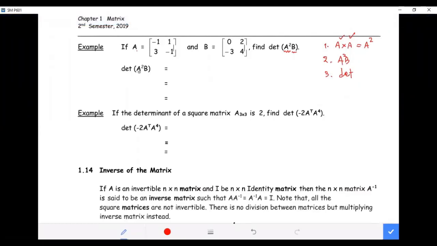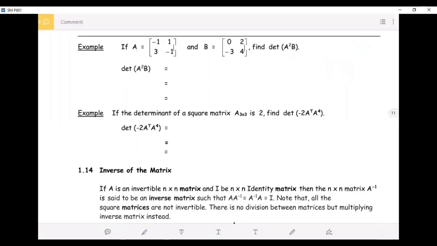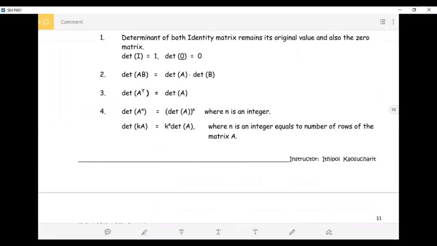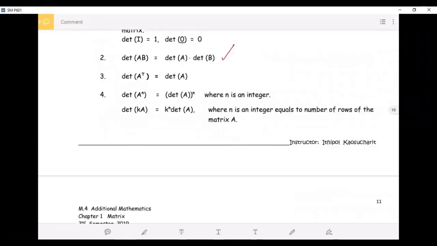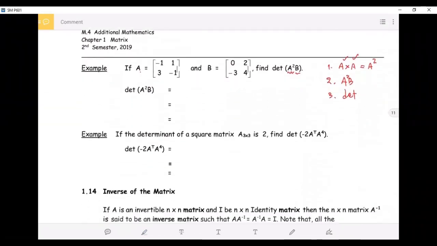So you want to find the determinant of A squared B. What can you do? Let's go back to the previous page. If you look at number 2, if you have the determinant of matrix A times matrix B, you can just split them up into det A times det B. I'm going to use this on this problem.